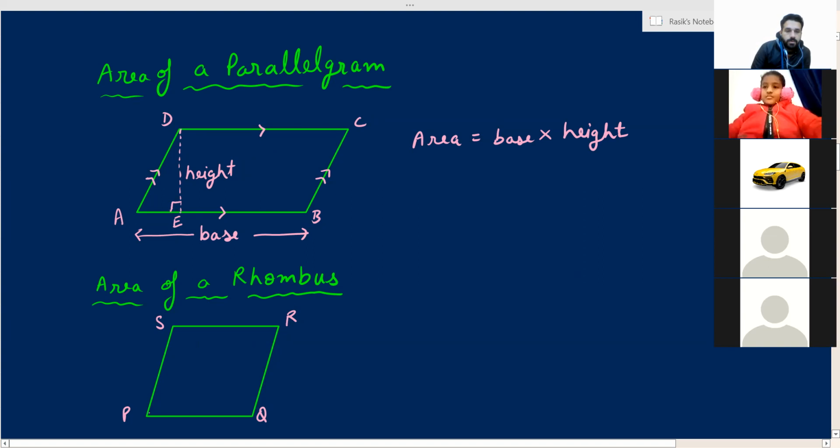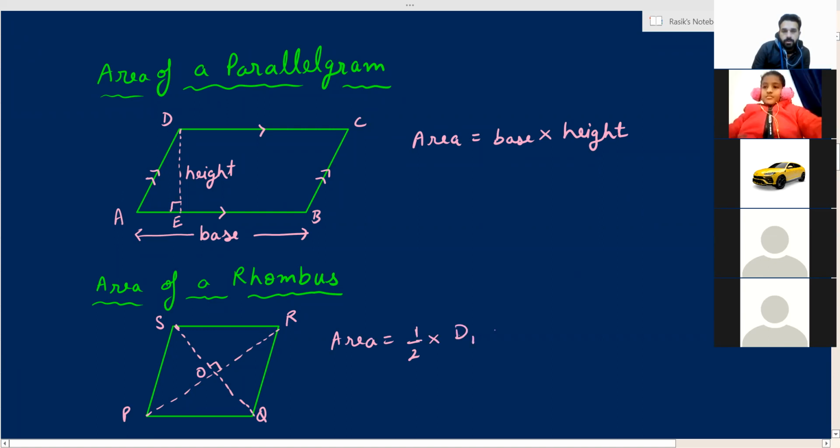Now these are the areas. Area of a rhombus is equal to half into product of diagonals.